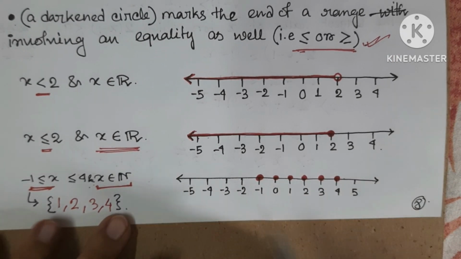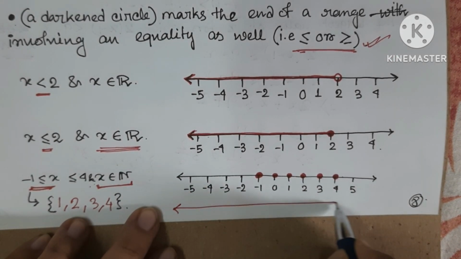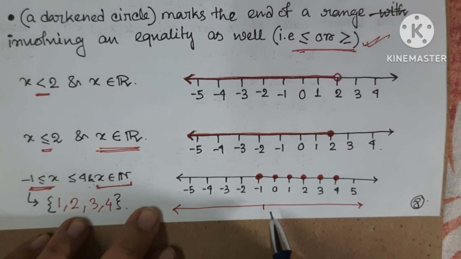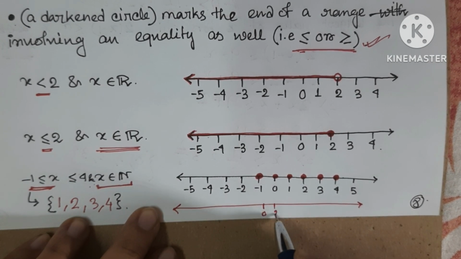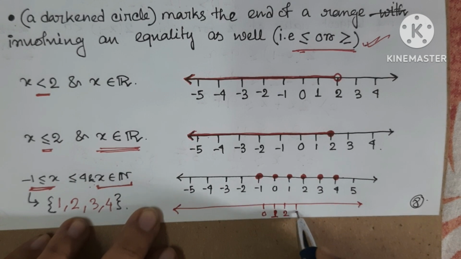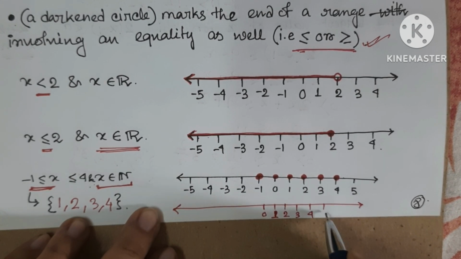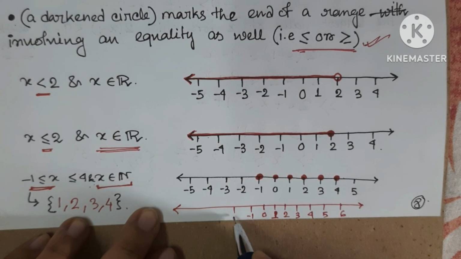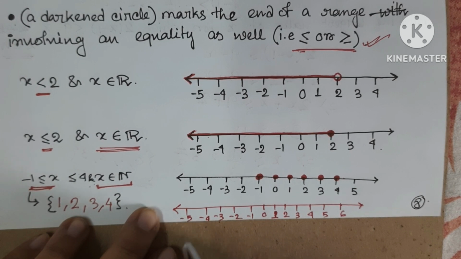So if I draw, it will become 1, 2, 3, 4, 5, 6, minus 1, minus 2, minus 3, minus 4, minus 5.